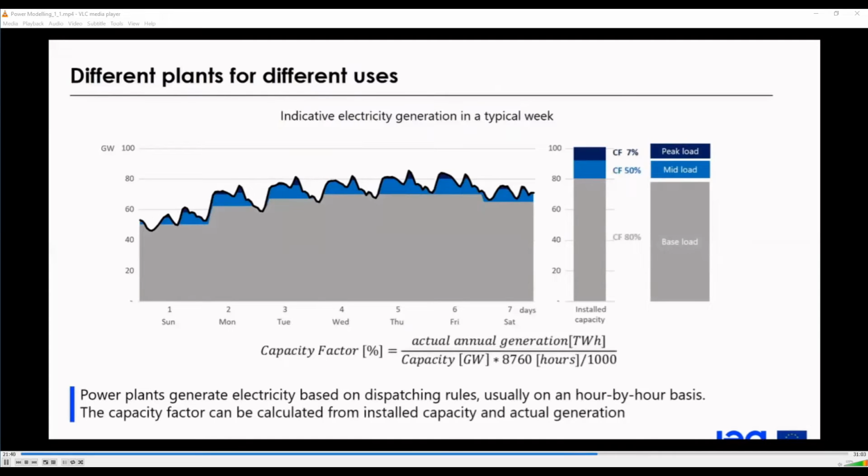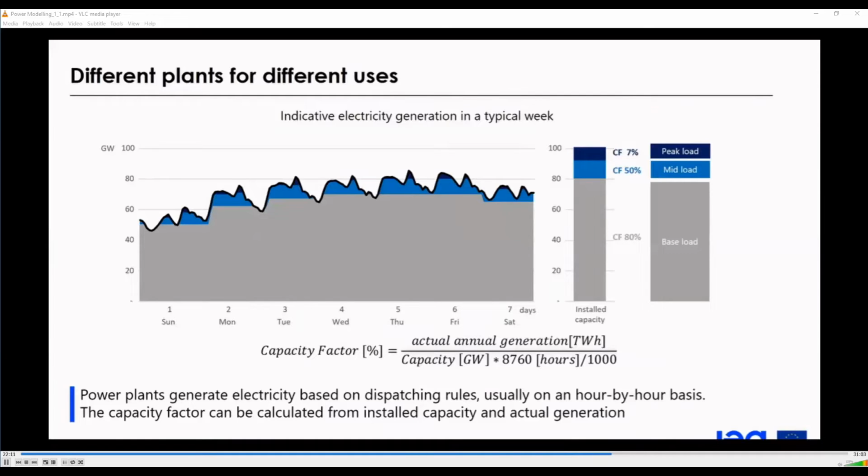So in gray, baseload plants would operate generally with capacity factors or utilization rates around 80%. 80% of the year, baseload plants would be used to meet demand. Mid-load would be generally used 50% of the year, and peak load run very much fewer hours.